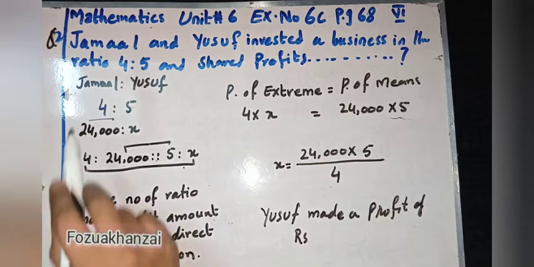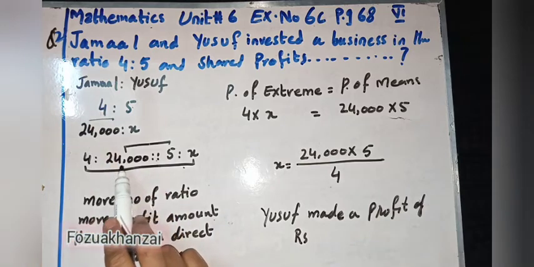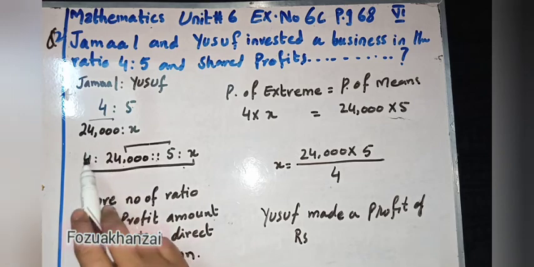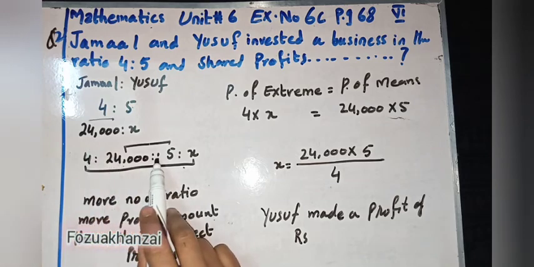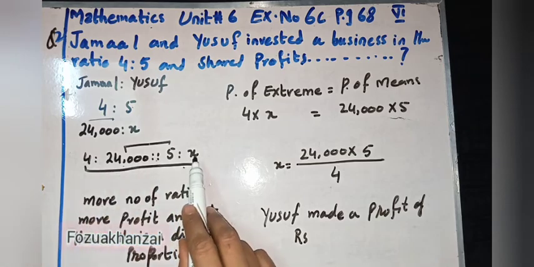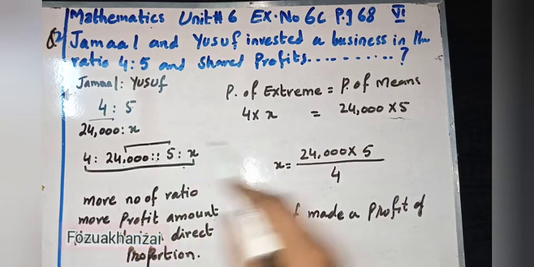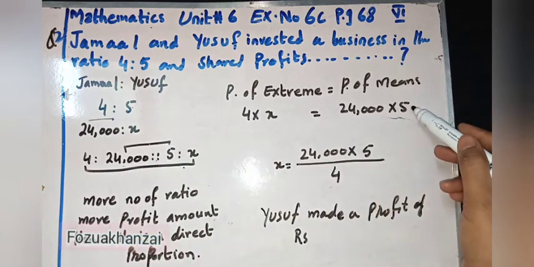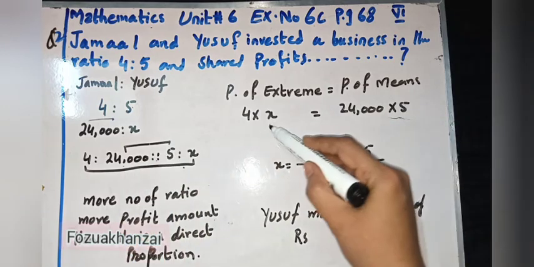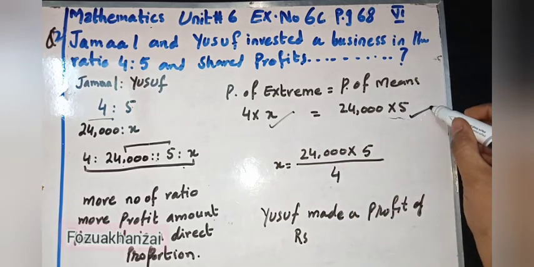In a direct proportion, first write the numerator and then the denominator. Direct copy down. 4:24,000 proportion 5:x. The first and last term are the product of extremes, and the second and third are the product of means.